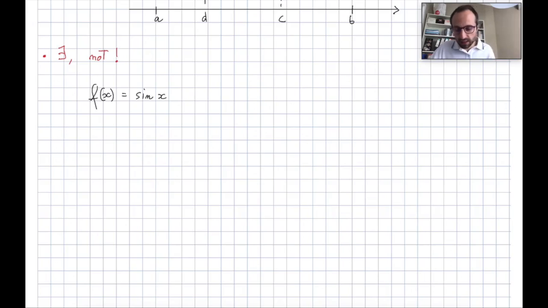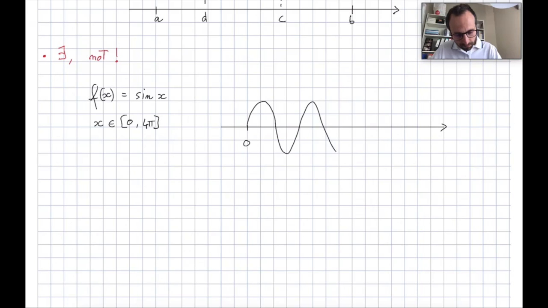Let's see why. A very simple case one can take is a function like the sine. If you take the sine of x and take, for example, the domain 0 to 4 pi, so you do two periods of the sine, what you get is the following. Start from 0, and then you go up and down, twice.